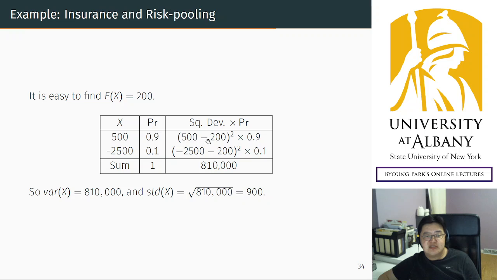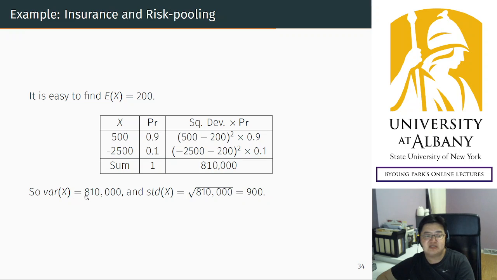And the variance is calculated this way. First, subtract the mean, square that, and multiply by the probability. Then add all of the probability-weighted squared deviations, and you will get 810,000 dollars squared for the variance.